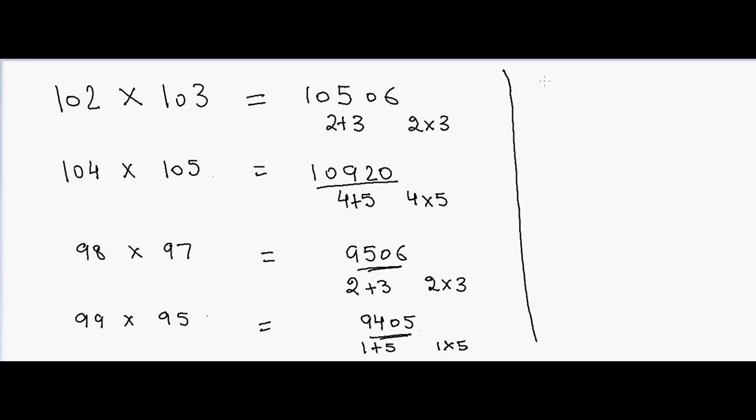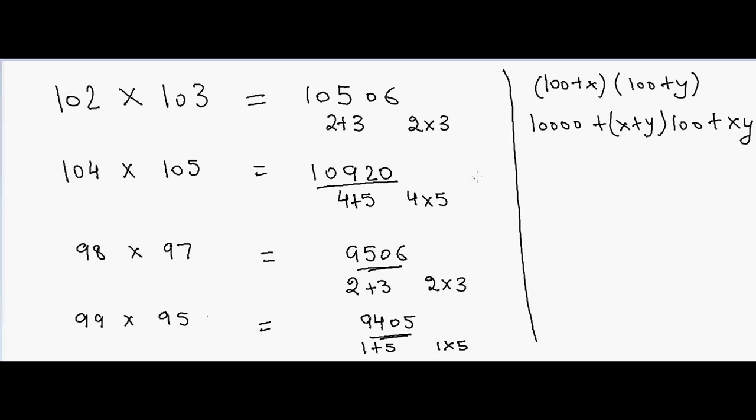Let's take an example where we have 100 plus x, and we are multiplying by 100 plus y. If you solve this, it will be equal to 10,000 plus (x plus y) into 100 plus xy, or you can write it as 100 into (100 plus x plus y) plus xy.